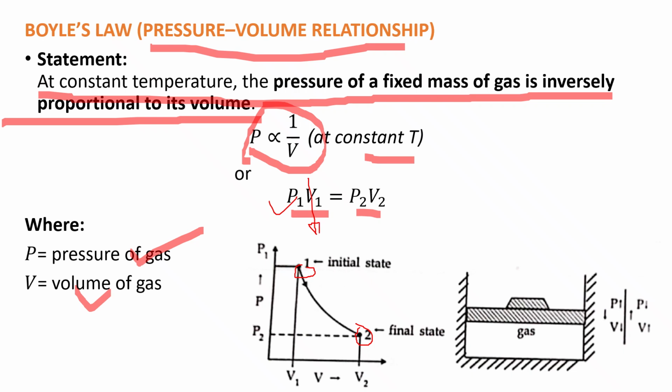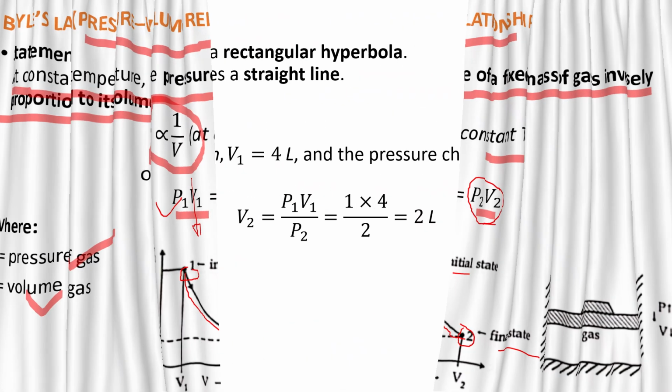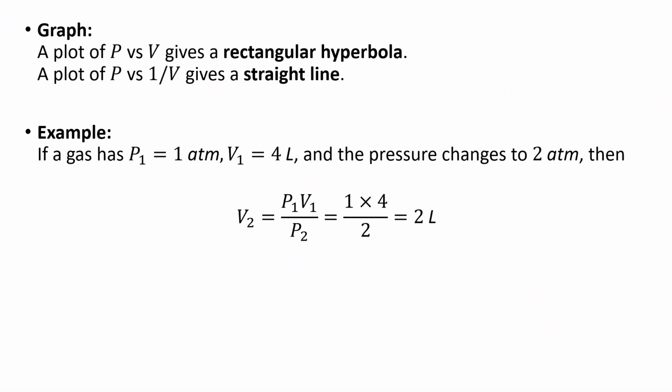From the initial state we reach the final state, process 1 to 2. According to Boyle's law, if you plot a graph of pressure versus volume, it is a rectangular hyperbola. But when we plot pressure versus 1 upon volume, it is a straight line.